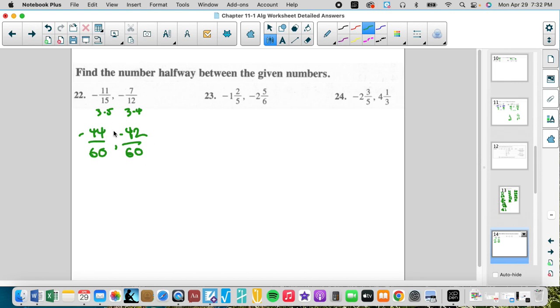Oh, that's interesting. So the smaller, we're moving it, yeah, so this is the smaller, so negative 44/60 plus, that's negative 2.